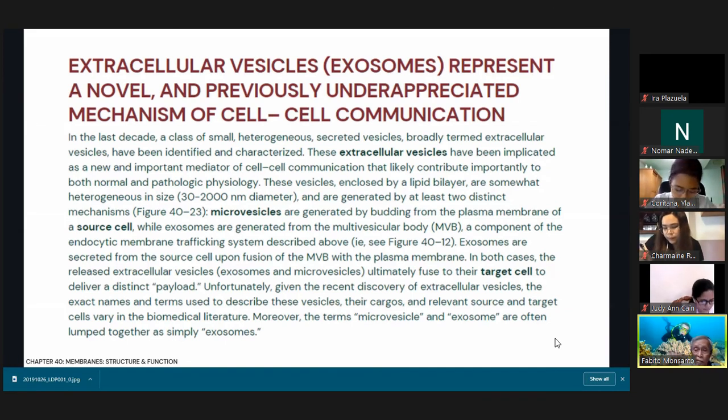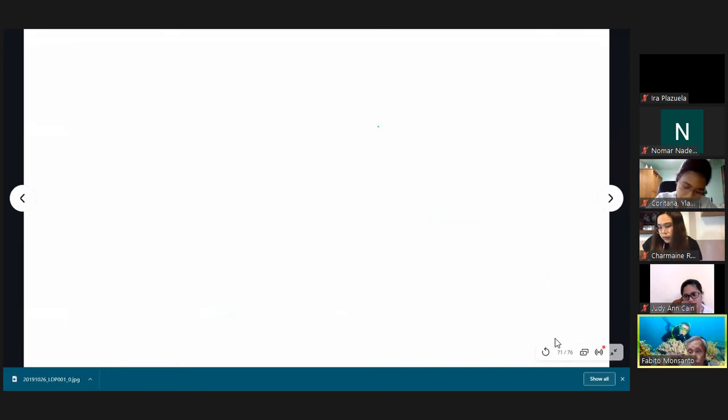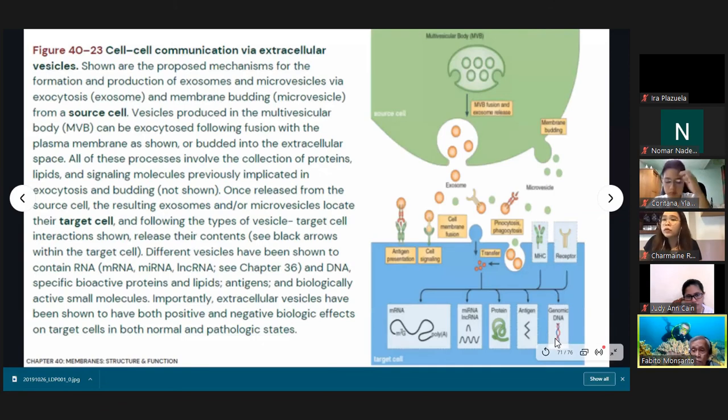Now here, this does not use the gap junction, but rather cells produce some materials that can be utilized by another cell through kinds of receptors, like this one. This is the source cell.